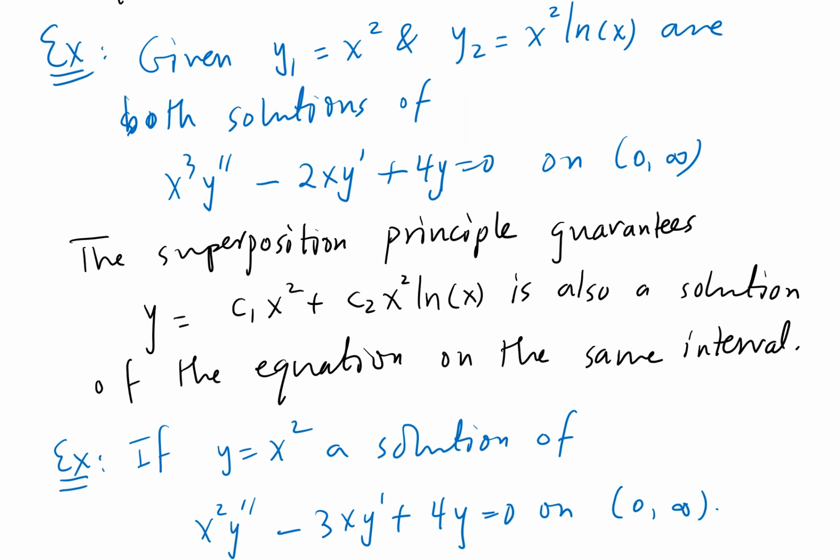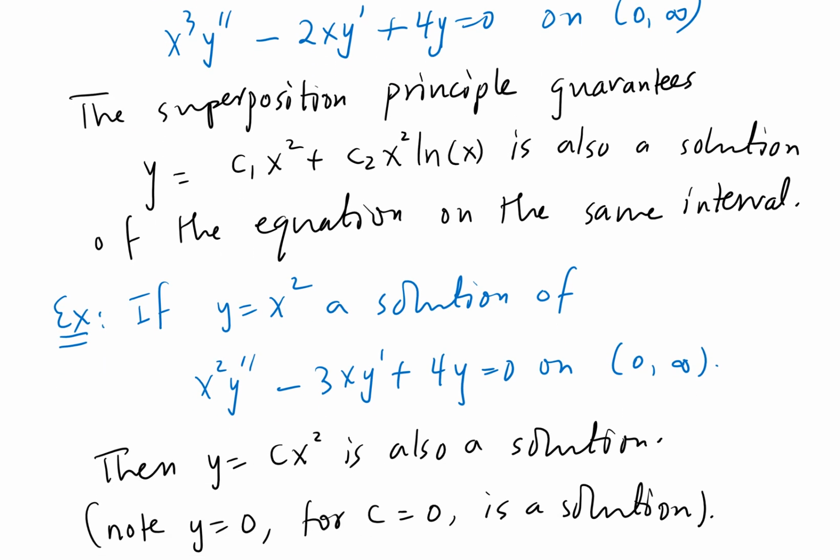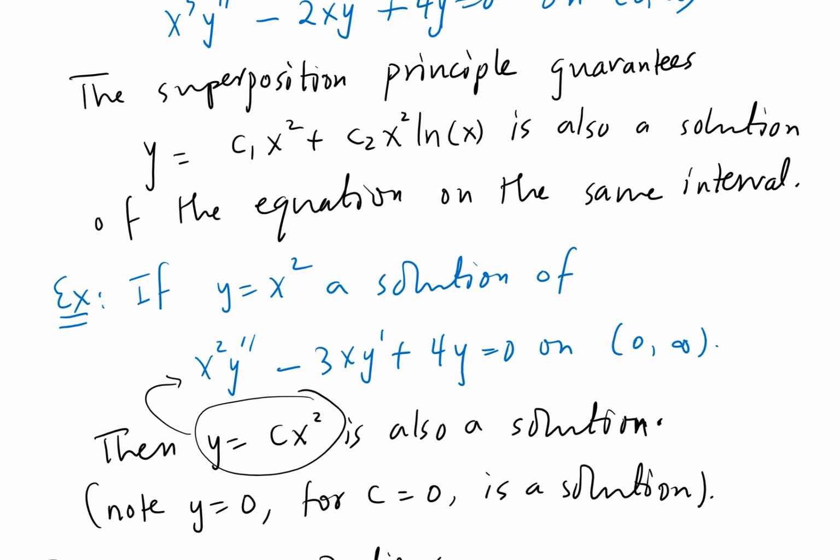Also, if y equals x squared is a solution on that interval, then automatically a constant multiple of it is a solution. Note, if we take c equals 0, you get the trivial solution. That's what the second part of that corollary means. You can check it by finding the first and second derivatives and substituting them into this equation. You should get 0 on both sides.